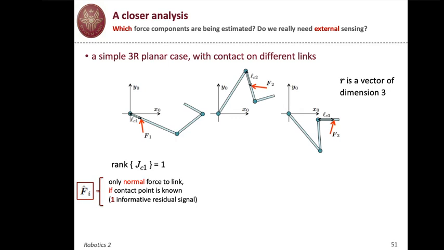In the second case, the 2 by 3 Jacobian has the third column equal to 0 and is generically full rank, so rank equal to 2.